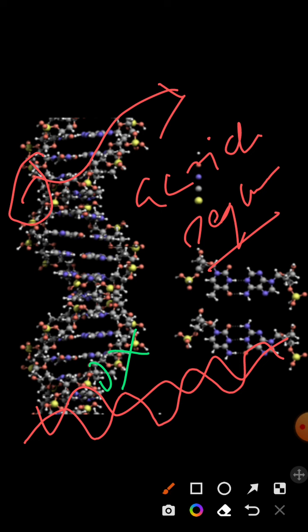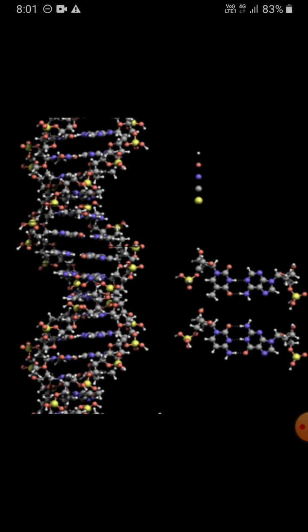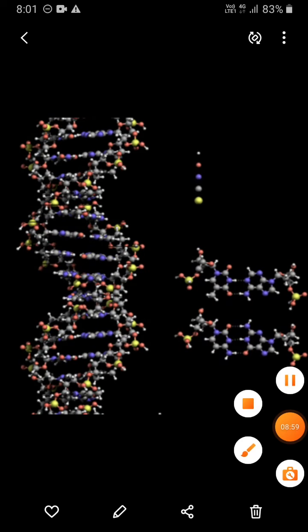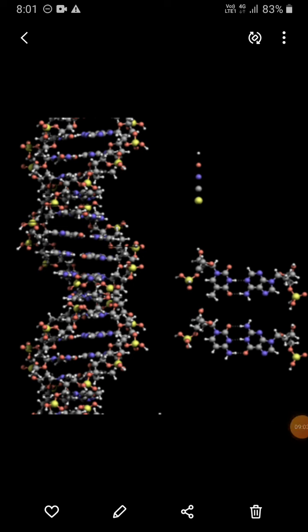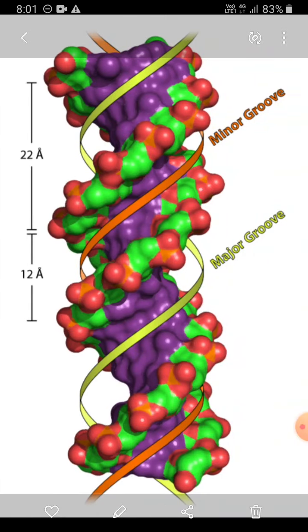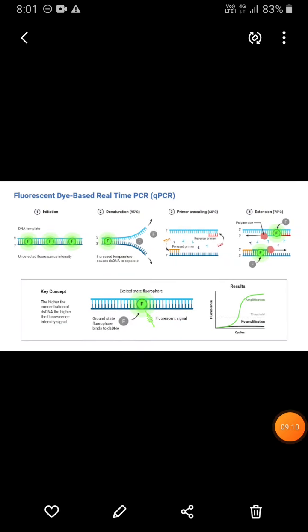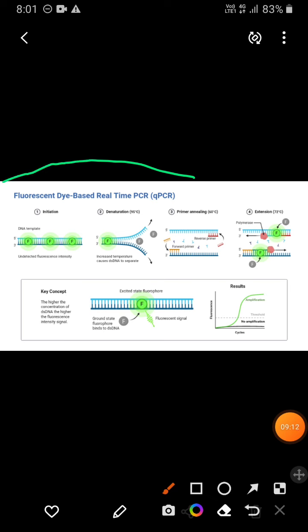Okay, so as a result, there will be a possibility of false detection. This is the drawback of fluorescent dye based real time PCR.